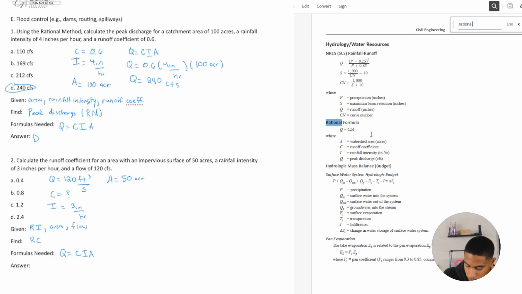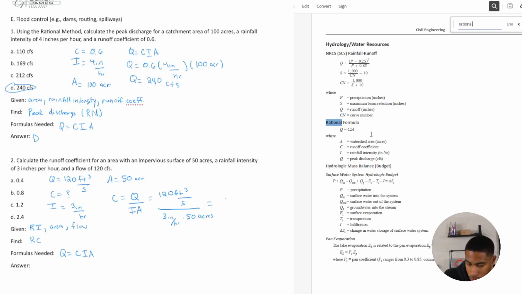All right. So when we solve, we get C is equal to Q over I times A, which is equal to 120 feet cubed per second, all over 3 inches per hour times 50 acres.